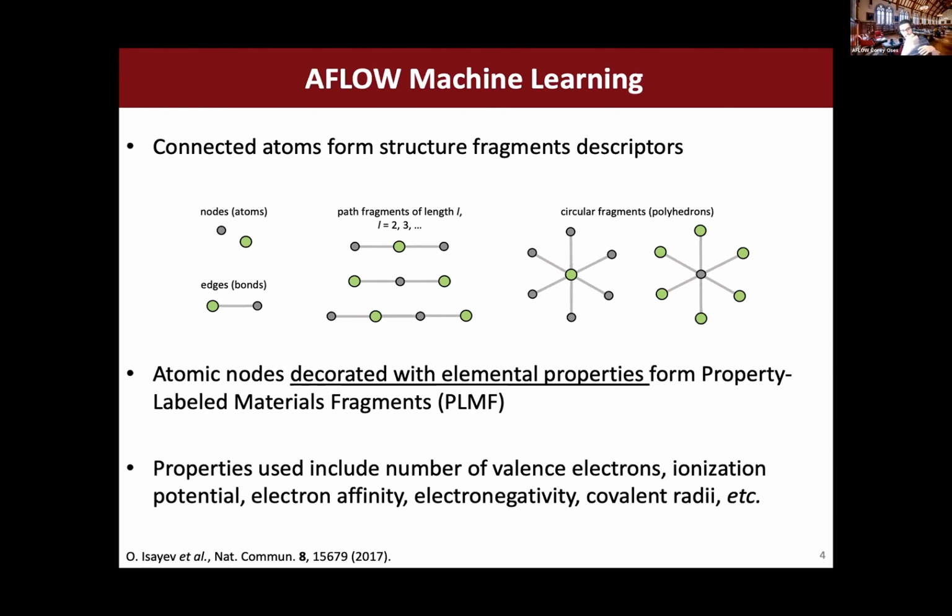Okay, so we might do the average, the standard deviation, the sum, the difference, etc. And all of these numbers build a giant vector that's going to serve as a fingerprint for each individual material, okay? And so that giant vector is how we're going to feed the machine learning algorithm with the information of the crystal, okay? So that's called a property labeled materials fragment. It's a little cartoony, but that's more or less what we're doing with the information here.